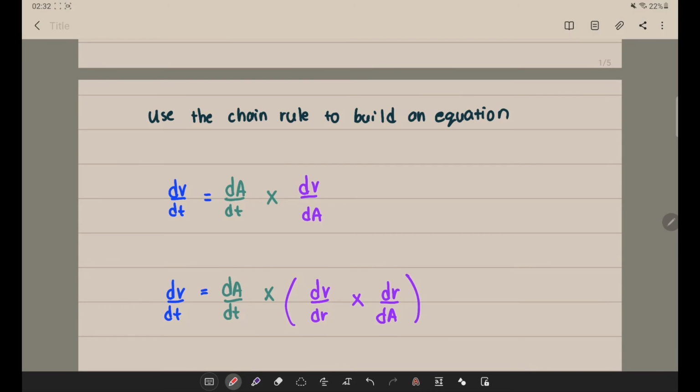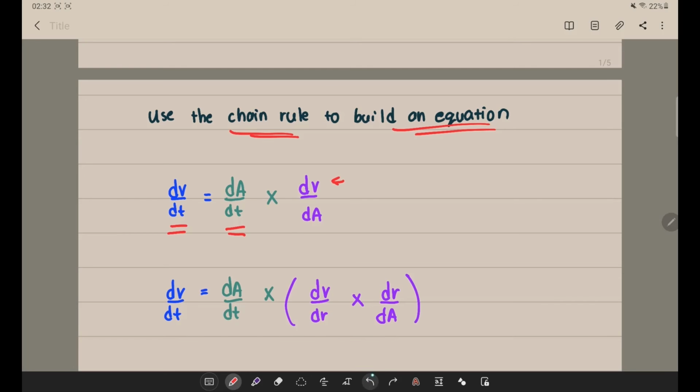The next step: we need to find dV over dt and we have dA over dt. So we need to use the chain rule to build an equation to find dV over dt. We have dV over dt and dA over dt, so we need to multiply it with dV over dA to eliminate the dA and get dV over dt.